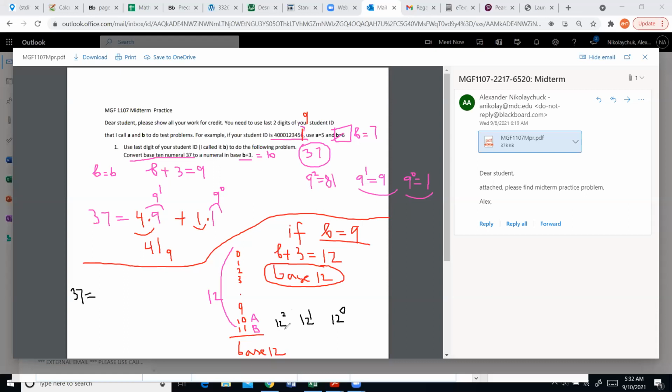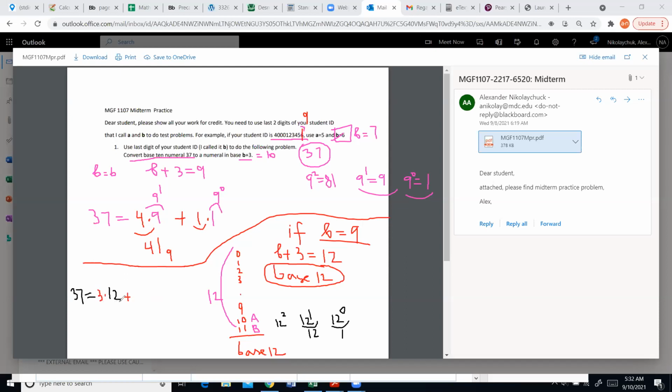I'm not planning to give you something that needs bigger powers, so you just care about 12 and ones. The question is, how many 12s are there in 37? 12 appears 3 times. 12 times 3 is 36, 3 twelves.